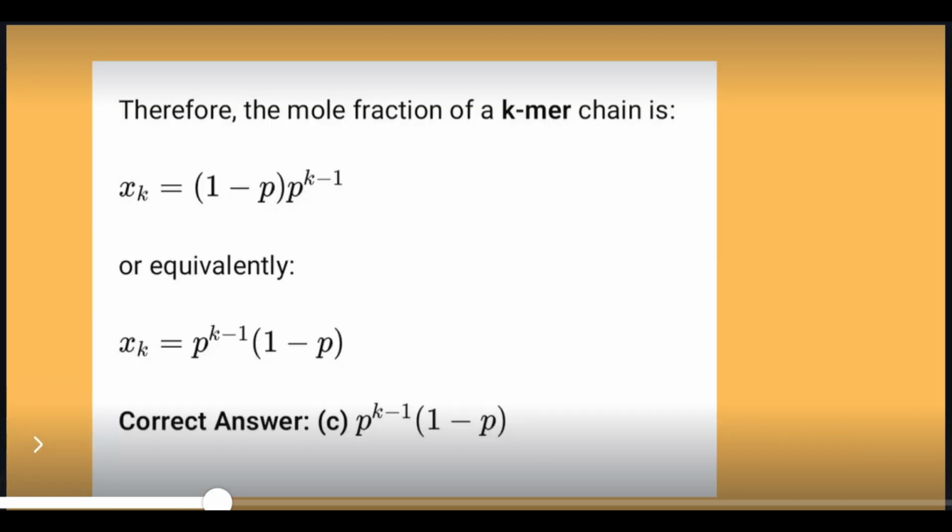So therefore the mole fraction of a K-mer chain is xk is equal to (1 minus P) into P to the power K minus 1, or equivalently xk is equal to P to the power K minus 1 into (1 minus P). Therefore for the second question, the correct answer is option C, that is P to the power K minus 1 into (1 minus P).